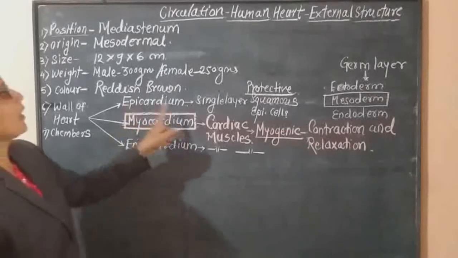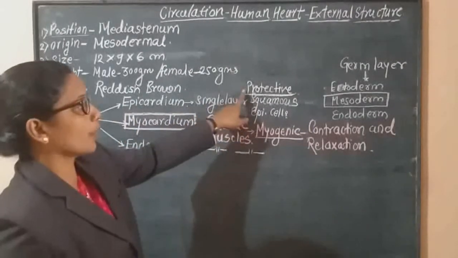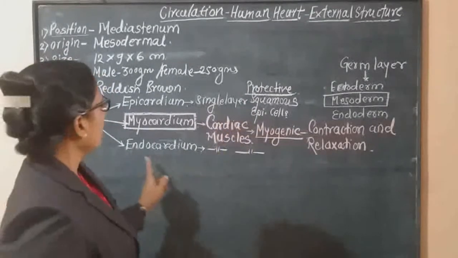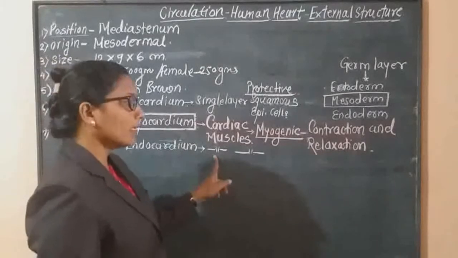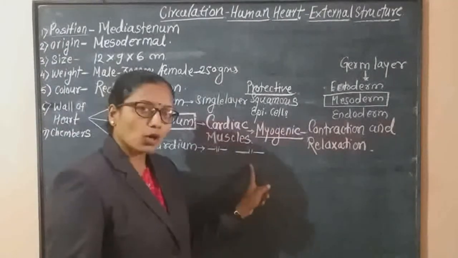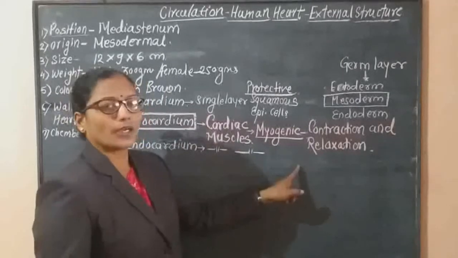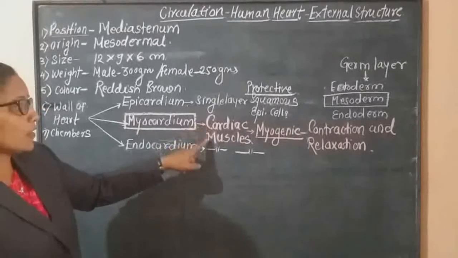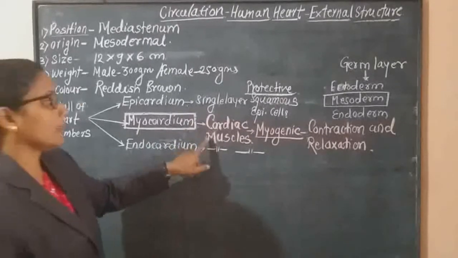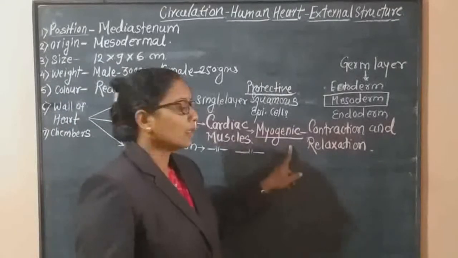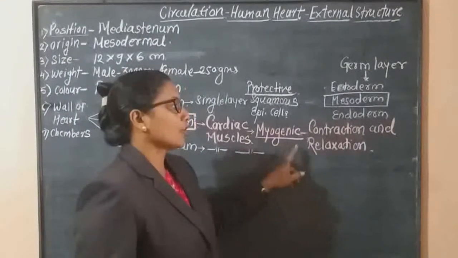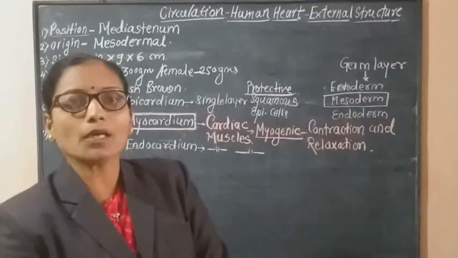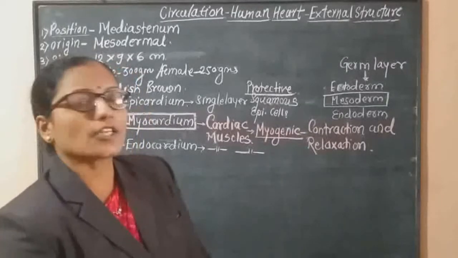Epicardium is a single layer, protective in nature, made up of squamous epithelium cells. Endocardium is also a single layer made up of squamous epithelium cells and is protective in nature. The middle layer myocardium is very important because it consists of cardiac muscles, which make the heart myogenic because they are responsible for the alternate rhythmic contraction and relaxation of the human heart.